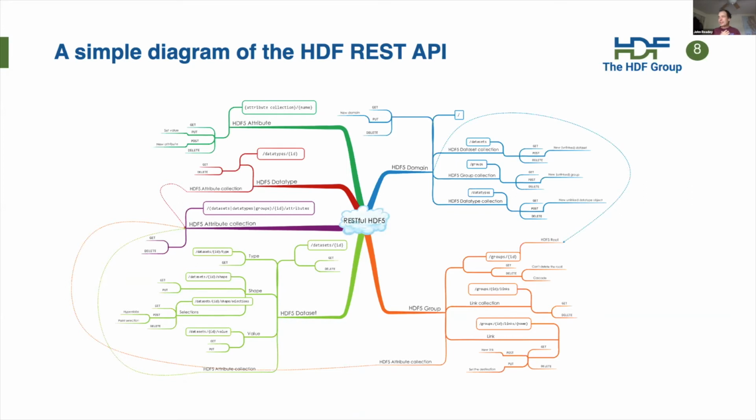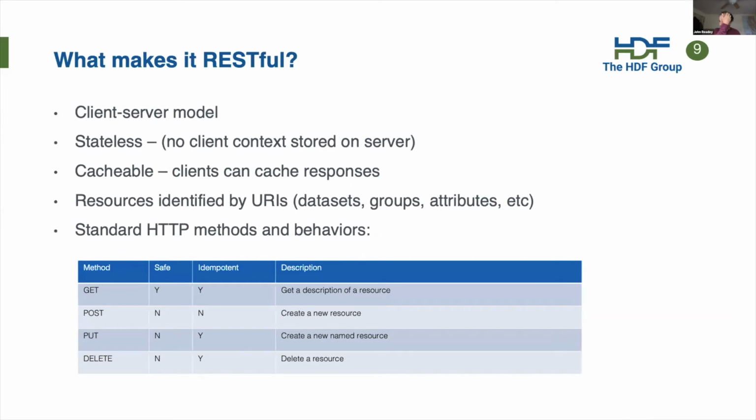You can imagine trying to fit the entire HDF5 API into get, put, post, delete is a challenge, but we've worked out the schema to do so. And why is it RESTful? There are these 4 methods, and there are certain assumptions that developers will have on how those methods behave.